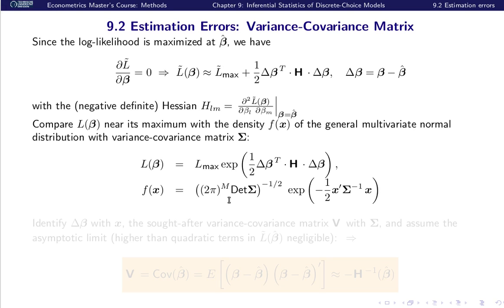That's why we get L_max, the exponential of the maximum log likelihood, times this exponential. And now we compare this likelihood with the multidimensional Gaussian, because for this multidimensional Gaussian we know all the variances, covariances and correlations.